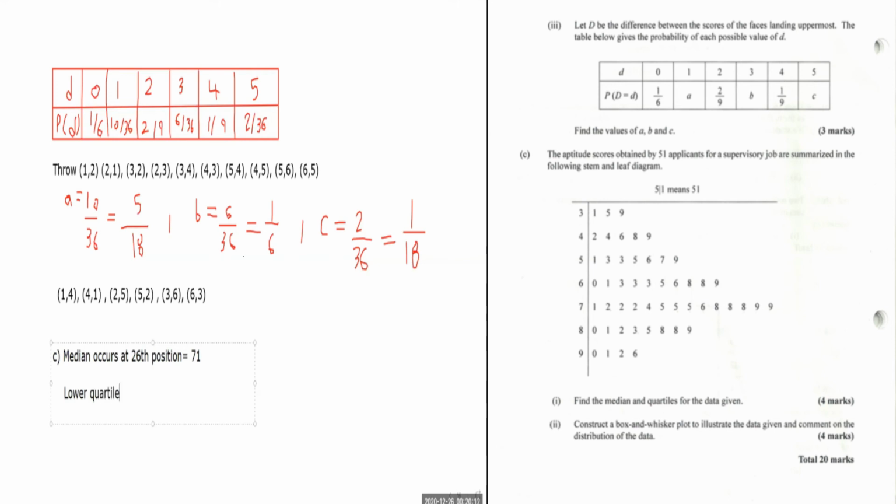The lower quartile is going to be 0.25 times n plus 1, which is 51 plus 1, which is 13. So we're looking for the 13th term, which is 1, 2, 3, 4, 5, 6, 7, 8, 9, 10, 11, 12, 13.